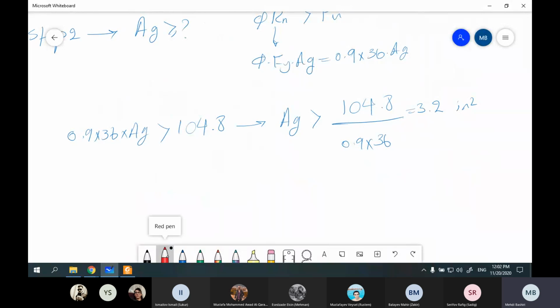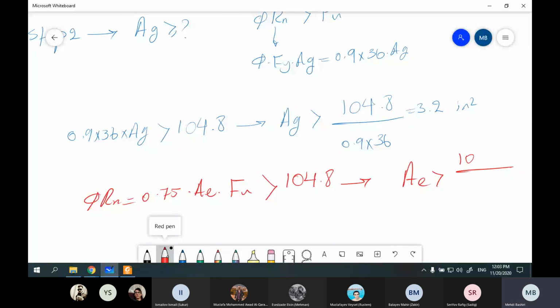For rupture, φRn is 0.75 AeFu, and this one should also be greater than 104.8. So Ae should be greater than 104.8 over 0.75 times 58.